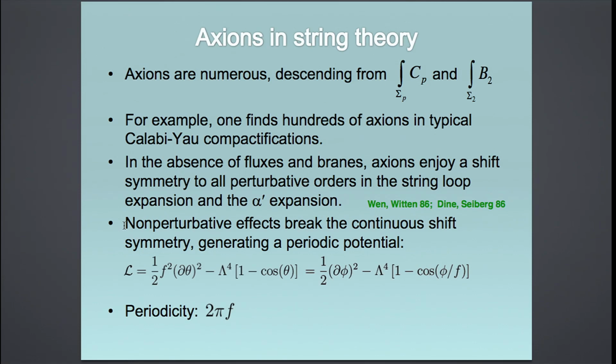So here, if theta is a dimensionless axion with period 2 pi, then before non-perturbative effects, theta goes to theta plus constant, where constant is not quantized at all. And after the introduction of a potential of this form, the periodicity becomes 2 pi for the dimensionless theta field.